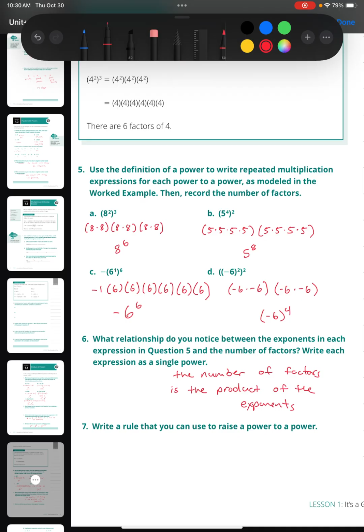So if we wanted to write a rule for that, if we had 2 to the A raised to the B, that would result in 2 to the A times B, multiplying your exponents together when you've got a power to a power.